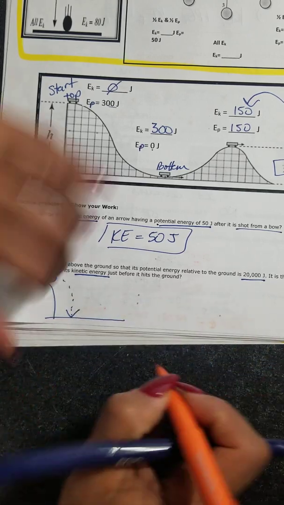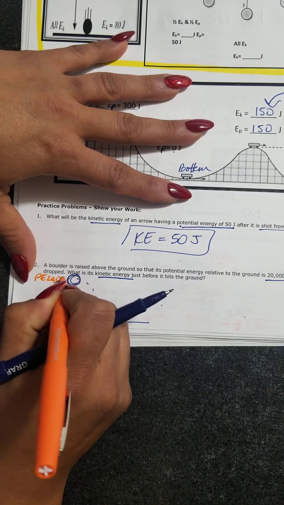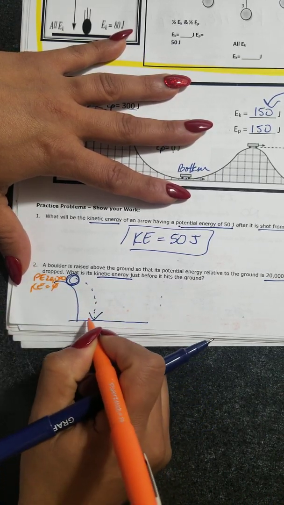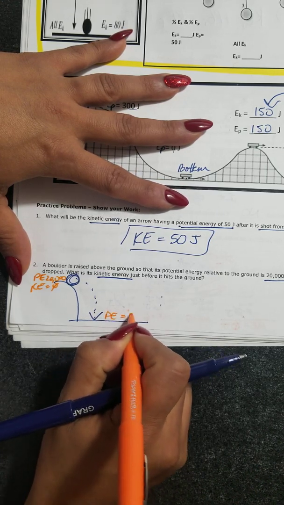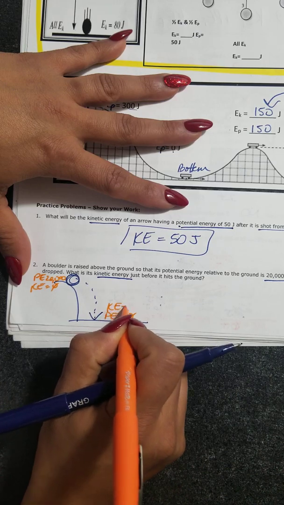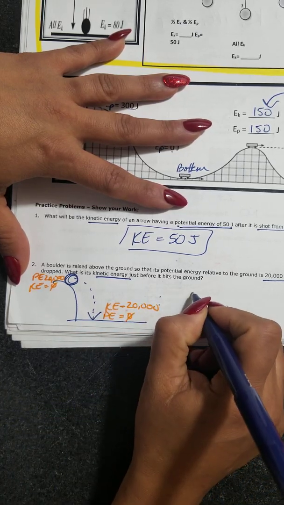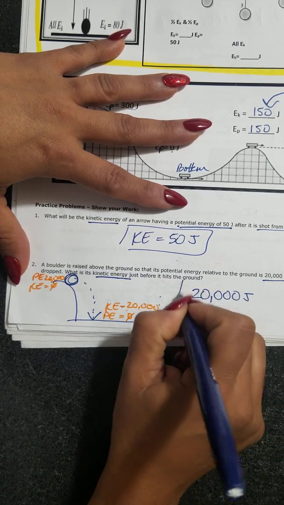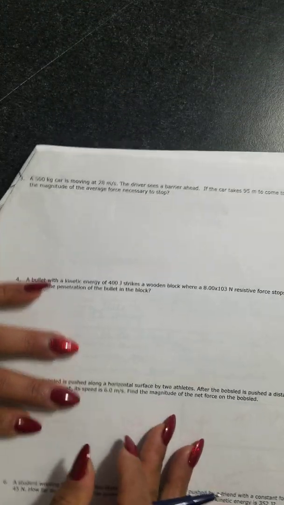Well, at the top, if its PE is 20,000, then its KE must equal 0. So at the bottom, its PE must equal 0, and its KE must equal 20,000, because I know that the TME is the total energy, which is the same at every given location for that system. 20,000 is the answer. Let's keep going.